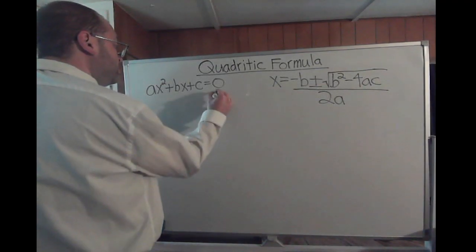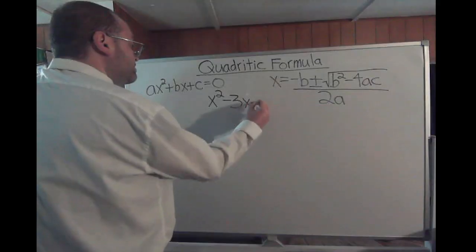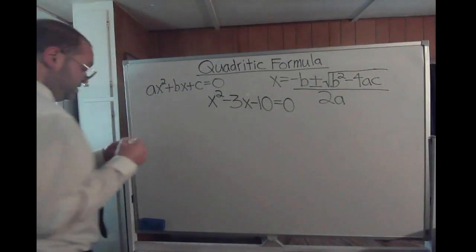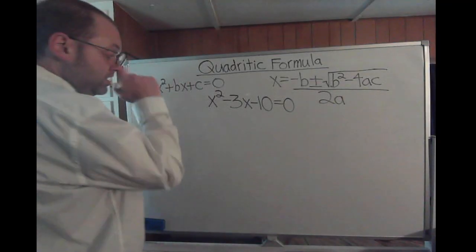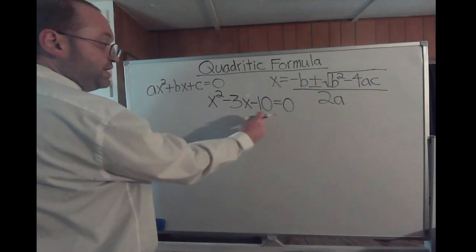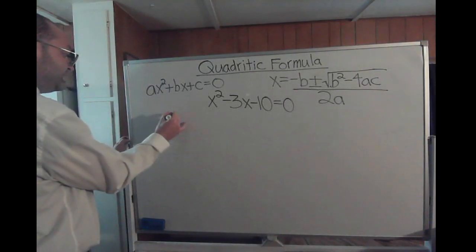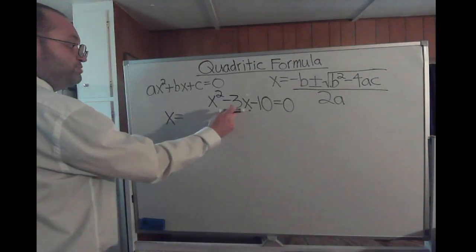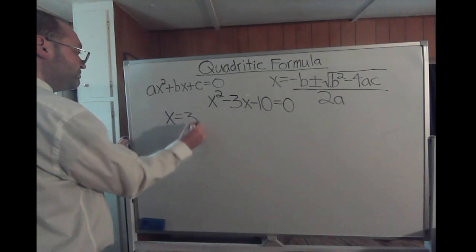So we have x squared minus 3x minus 10 equals 0. So today we're solving using the quadratic formula. Well, your x is going to equal the negative of your b, which b is negative 3, so negative negative 3, that's positive 3.